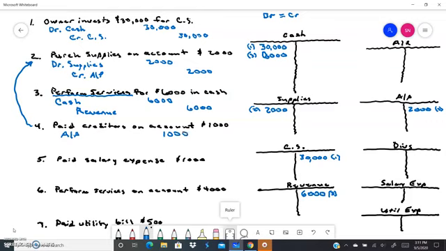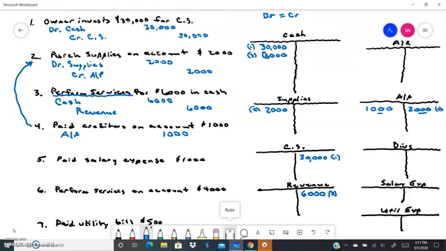So in effect, accounts payable is going down. And actually, we can see that if we look over to the right, accounts payable, we owe $2,000. If we post this entry, you can see that now the balance would be $1,000 credit. So it would be $2,000 originally, but now $1,000 of it would have been paid off.